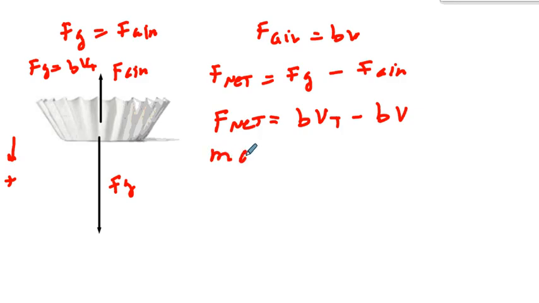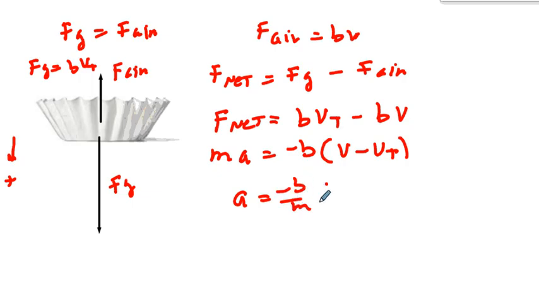Always ma. So ma is equal to, and I'm going to factor out a negative b in these terms, v minus v terminal, multiplied by b. Now I'm factoring out negative b because I know later that will make my life easier. I'll divide both sides by m to get acceleration by itself. Acceleration is minus b over m times velocity at any time minus terminal velocity.